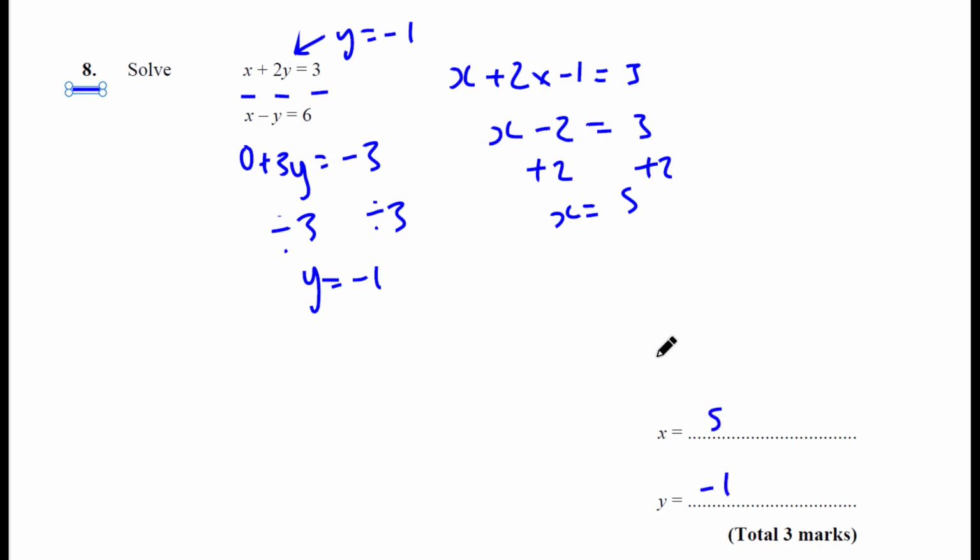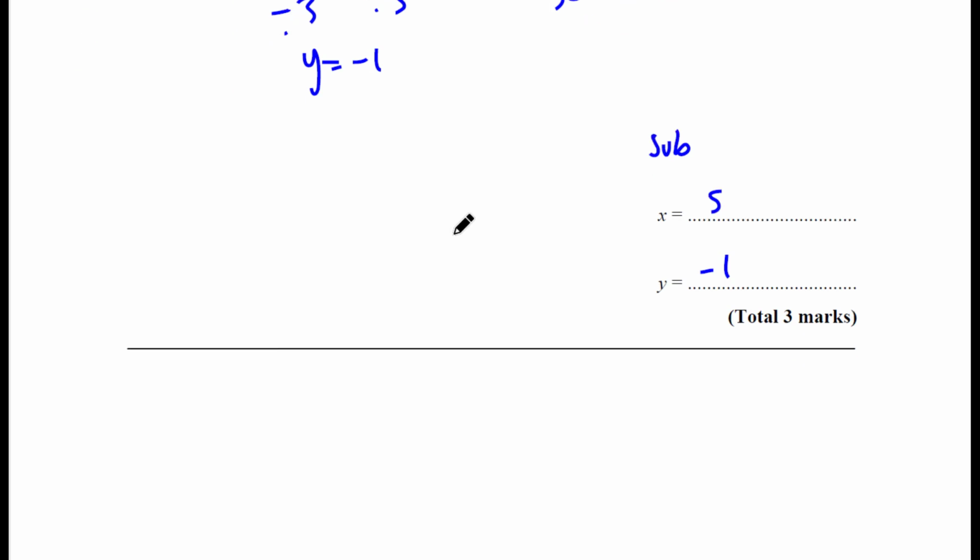Double check your answers by substitution. So let's see, when x is 5 and y is minus 1, 5 minus minus 1, that becomes a plus, that becomes 5 plus 1 equals 6, that's correct. And then 5 plus minus 2 is 3, perfect. That's question 8.